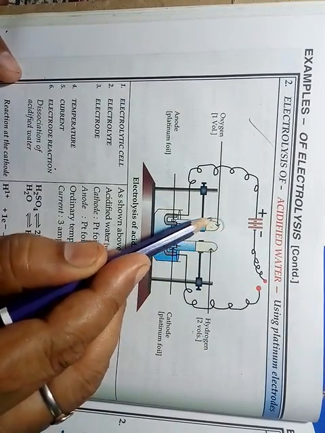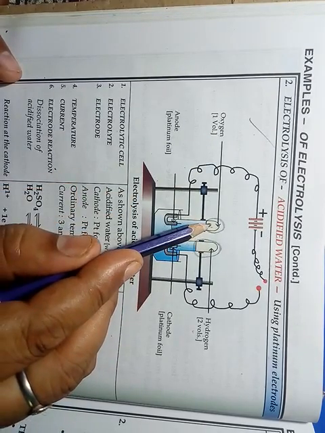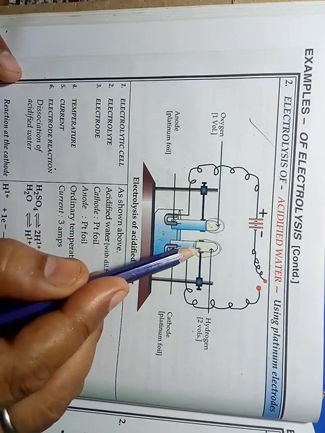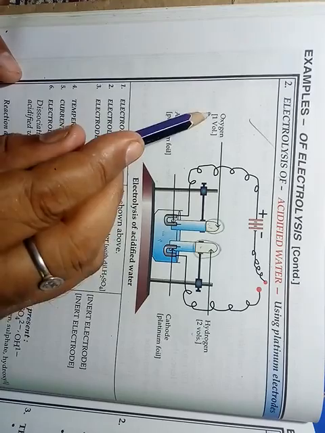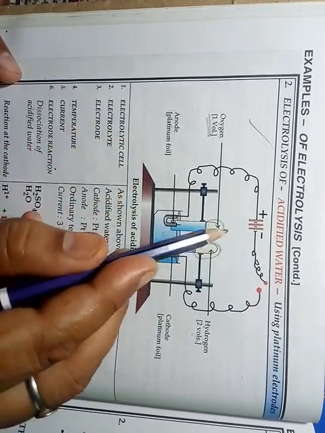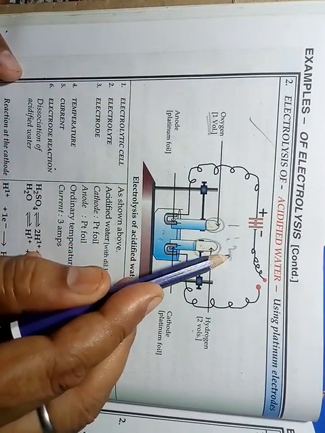As you can see, the volume of oxygen is about half of the volume of hydrogen. So the volume ratio of oxygen and hydrogen is 1:2.